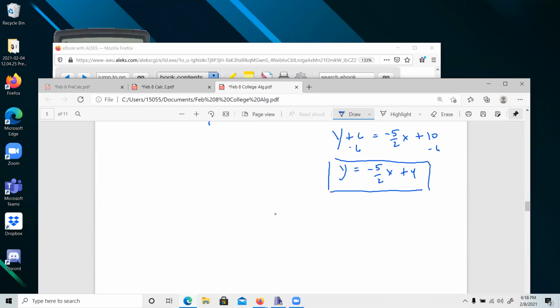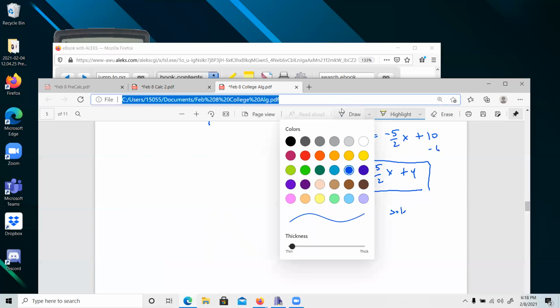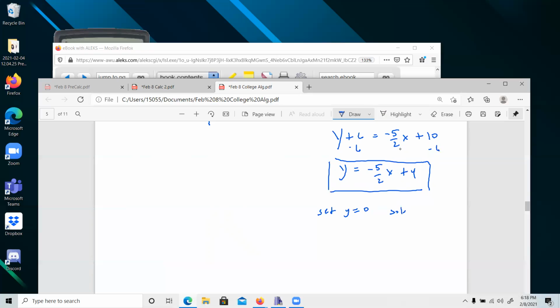Now, where is the x-intercept? We set y equal to 0. So 0 is equal to -5/2 x plus 4.